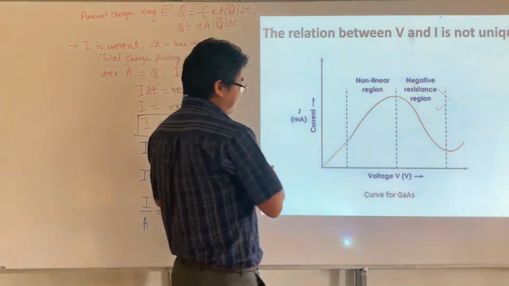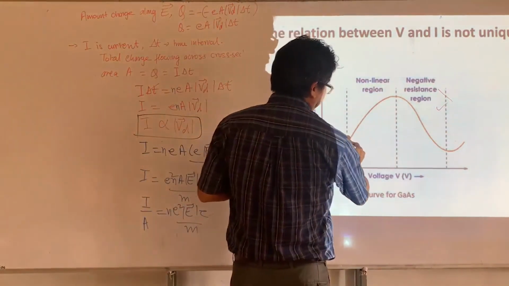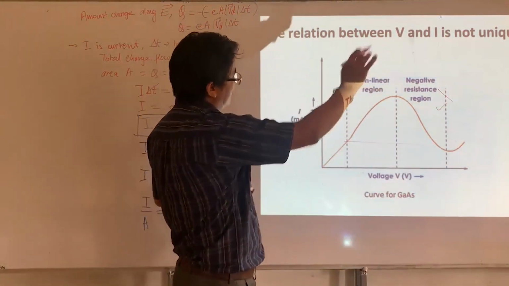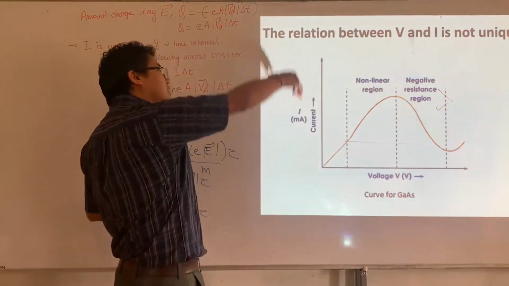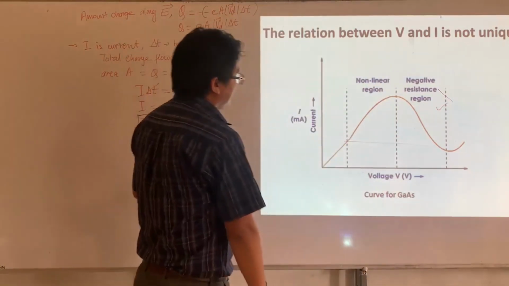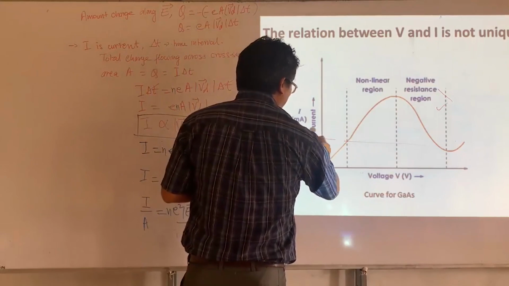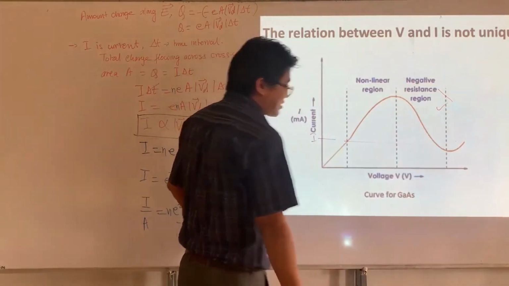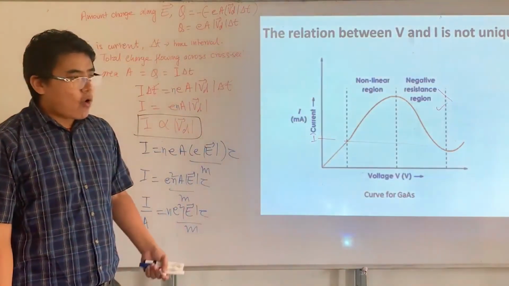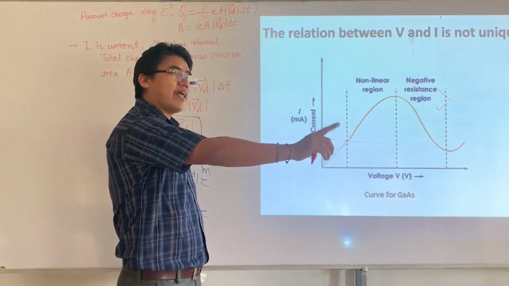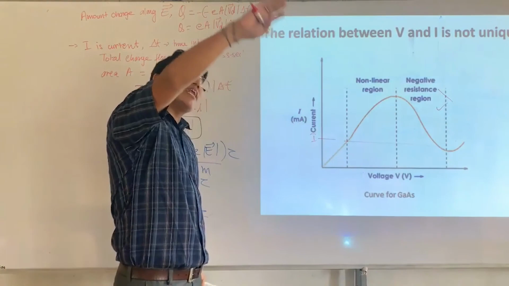Look at here. I take this, and you will have current like this. There is an increase in the voltage and a decrease in the voltage, and then I have one current. This is one current at two different voltages. This is not valid in the case of Ohm's law. Ohm's law says that every voltage gives rise to a current, and that too increases linearly.